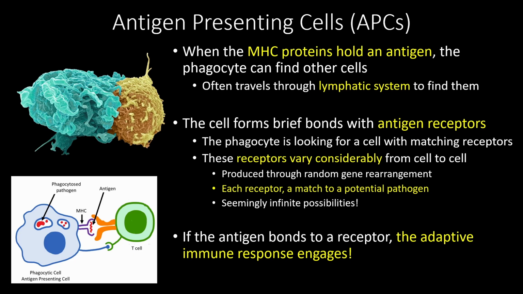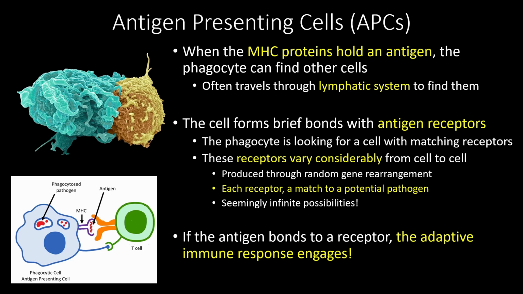And that's because as these cells are produced, they have a really unique method of genetic recombination where they take the genes that are responsible for making these antigen receptors and shuffle them around really aggressively.